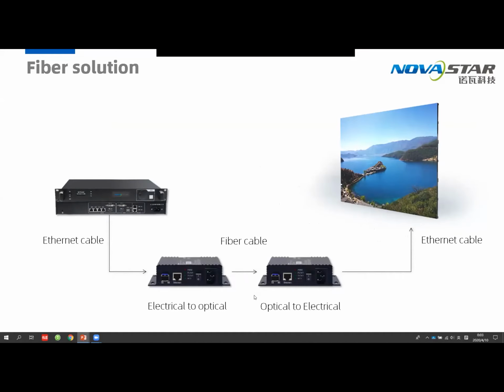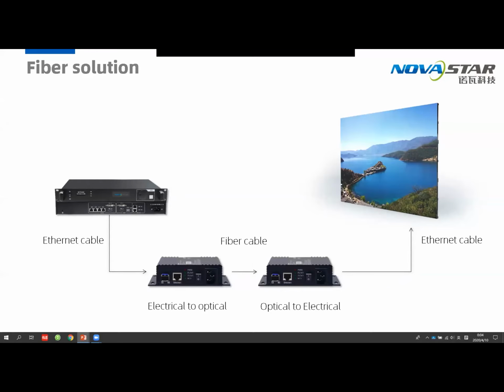Then the optic signal goes back to an electric signal through the second converter. Then the data will go to the receiving card, meaning the screen. So between those two converters, the distance can be up to 100 meters.